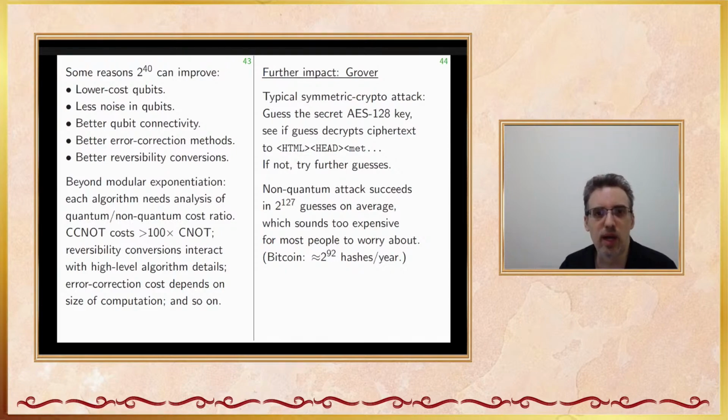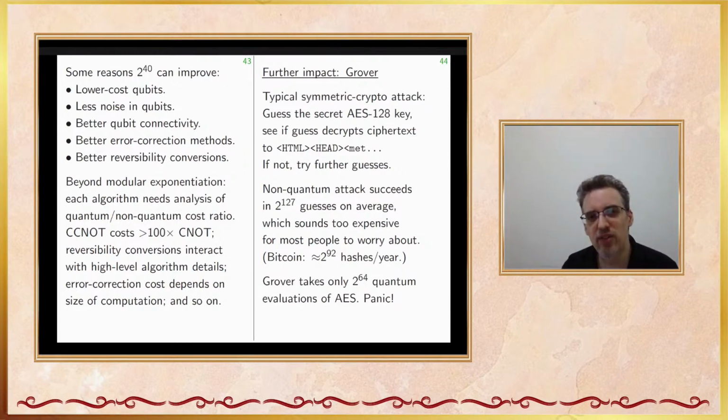Maybe the serious attackers have slightly better chips, but getting from 2 to the 92 to 2 to the 127, we would probably notice the power consumption of a computer center doing 2 to the 127 guesses. So we tend not to worry about people doing approximately 2 to the 128 computations.